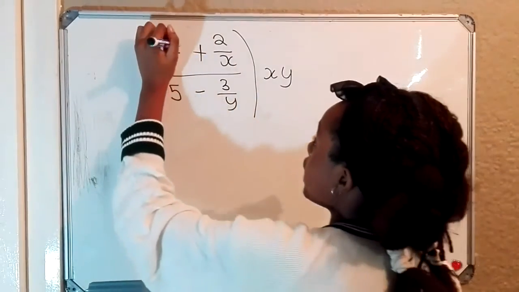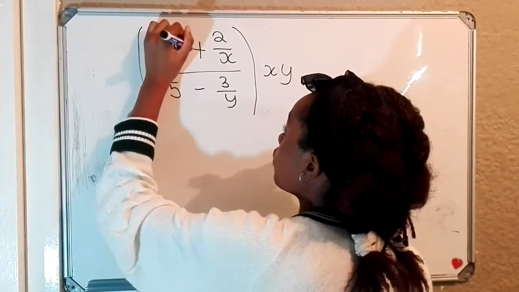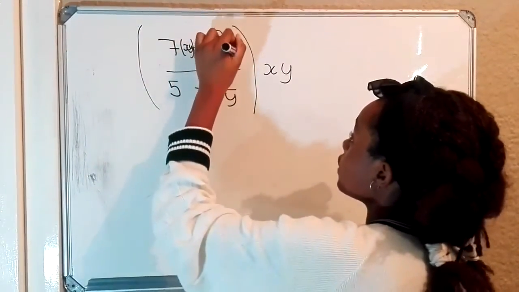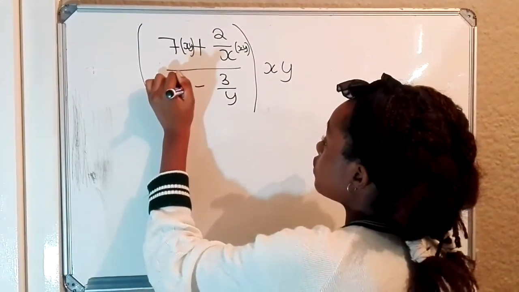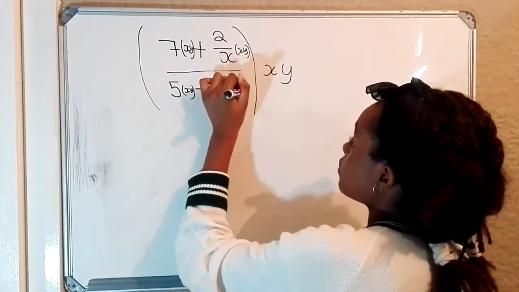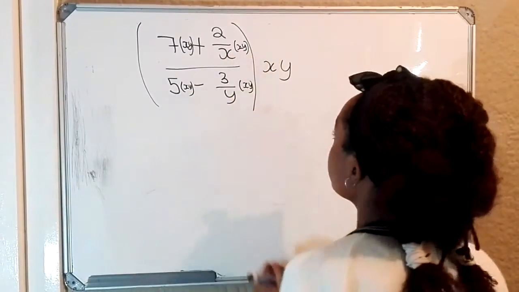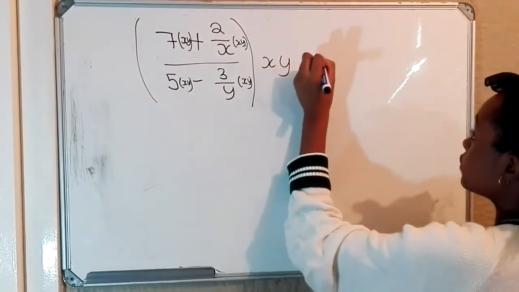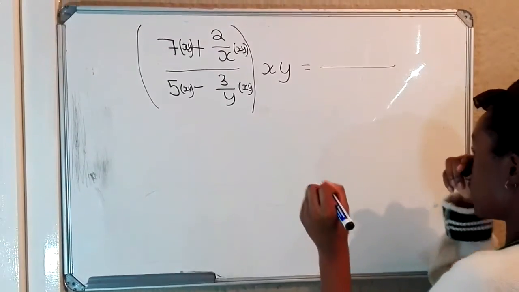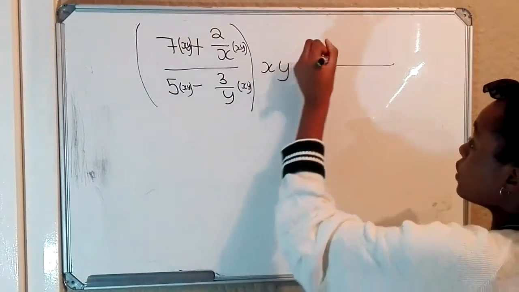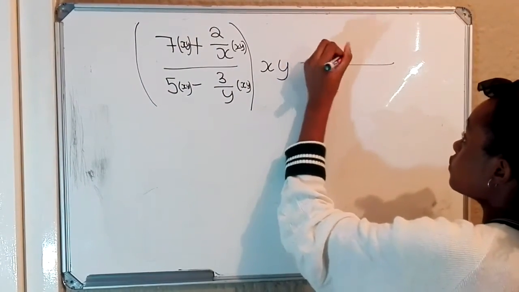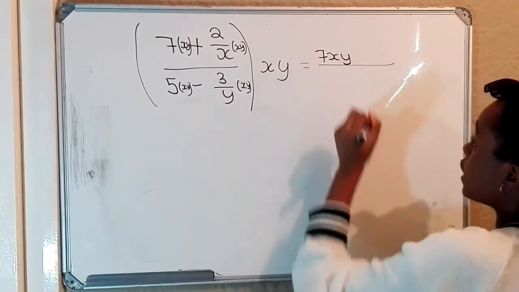So that means I need to multiply every single thing by x and y. So I'll multiply everything by x and y, this by x and y, and this by x and y, just to get rid of all these fractions. So we'll have 7 times x and y, which is 7xy.